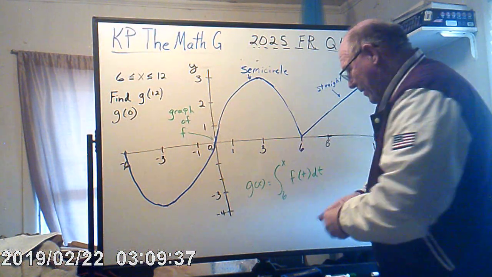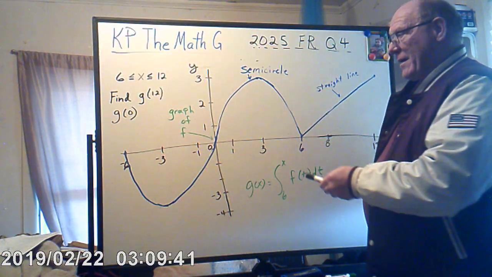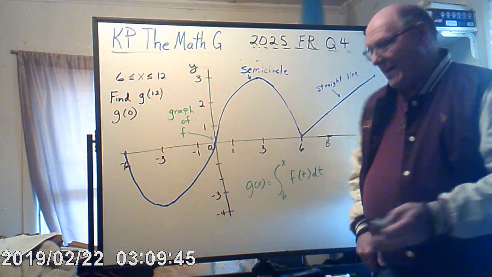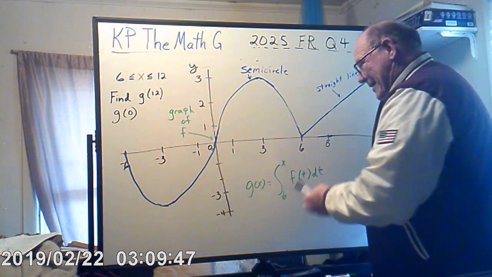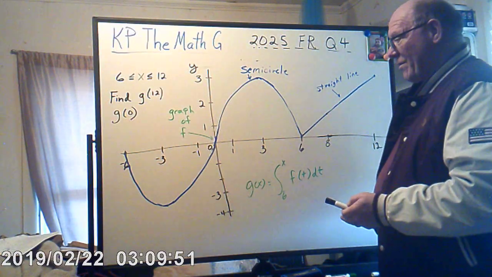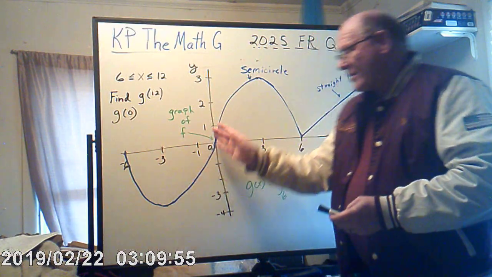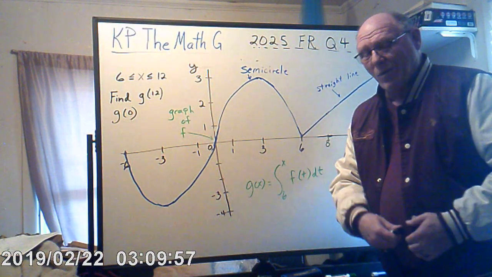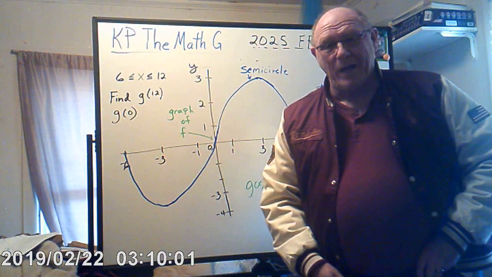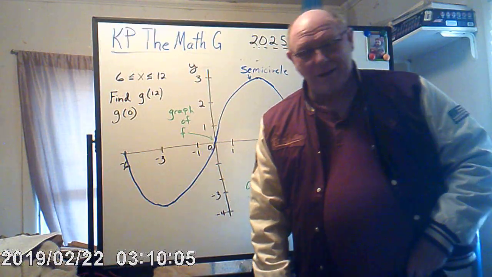They're testing your ability. When you're saying find G of something, anytime you see that, this is looking for the area. Can you find the area of, say, a semicircle? Well, you have to know that formula, don't you? A is equal to 1/2 pi r squared. Okay?